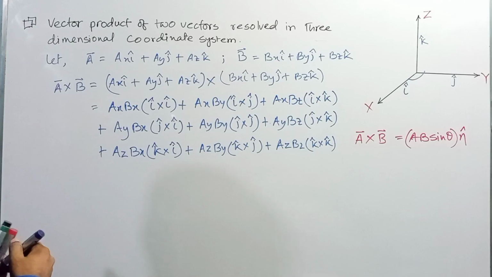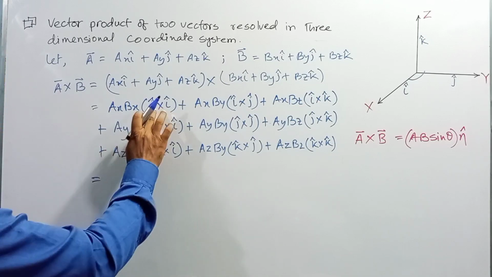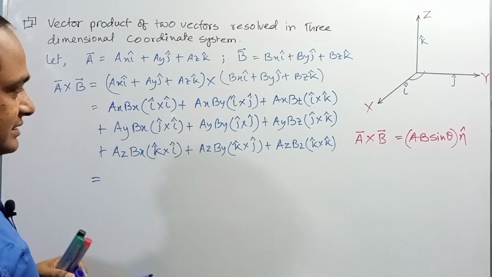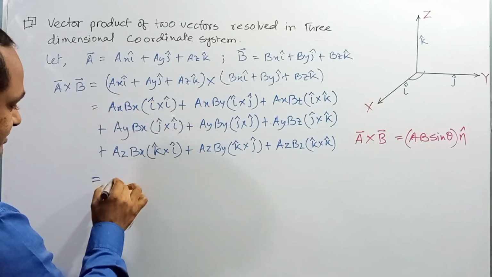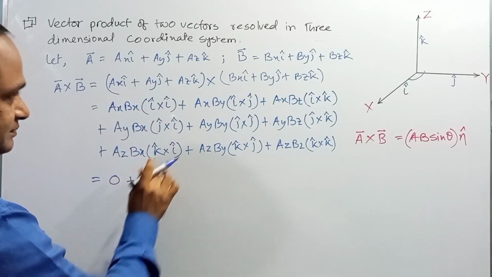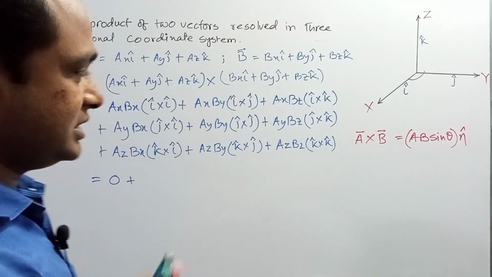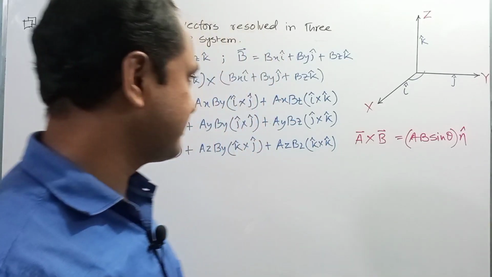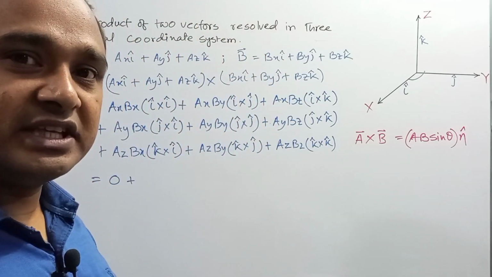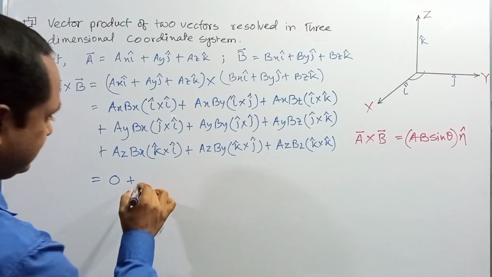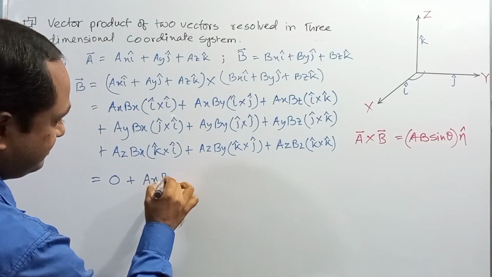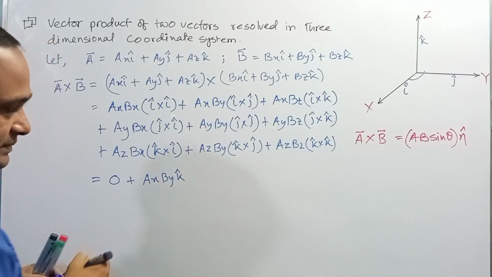Dear student, from the expression now we can write: i cross i is 0, so this term will be 0, plus i cross j. In your previous calculation you have already learned that i cross j will give k, so ax by into k.